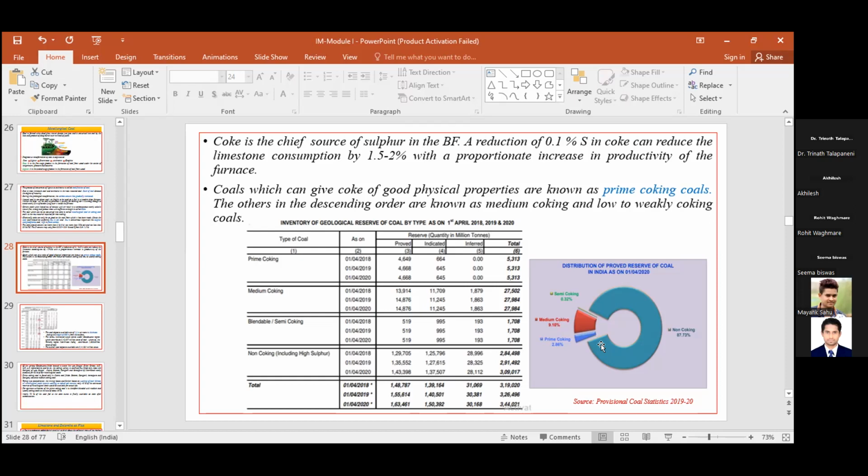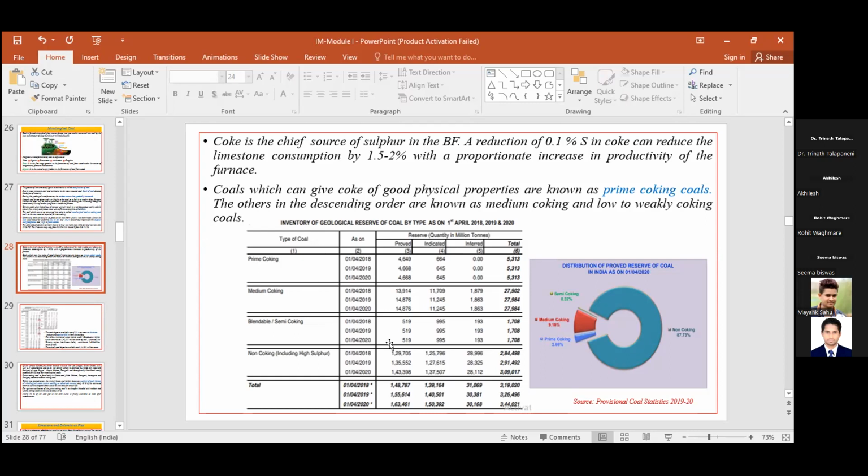So that is how the coal-based DRI process came into existence, utilizing the maximum availability of non-coking coals for the production of iron in the solid state, where the solid reduction of iron takes place in the rotary kilns.